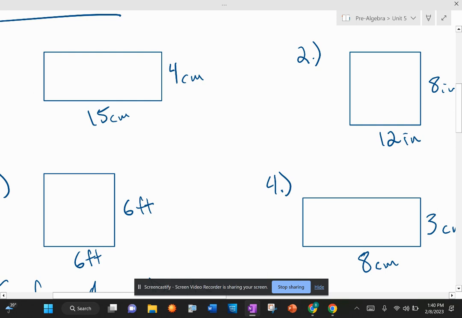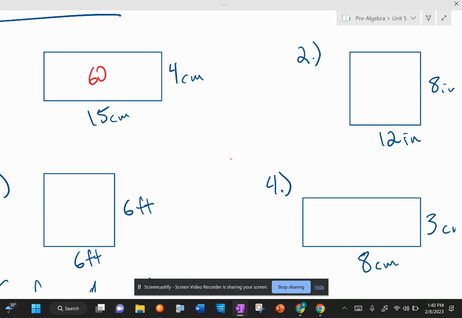What'd you get? 60 centimeters squared. Okay, why is it squared? Because it's two-dimensional. It is a two-dimensional measurement.